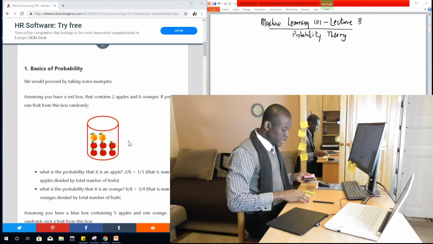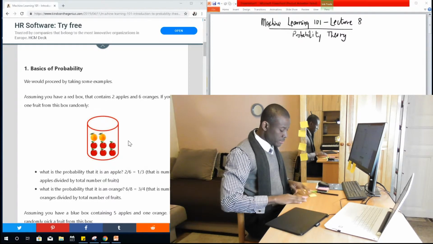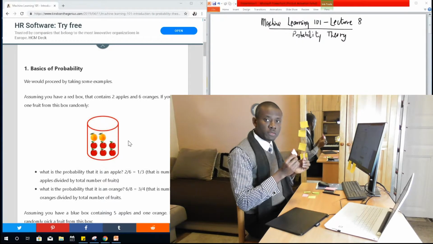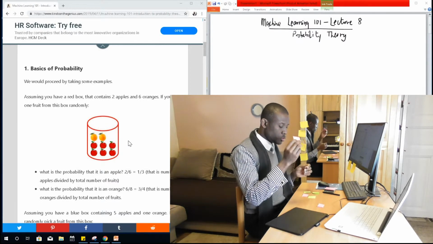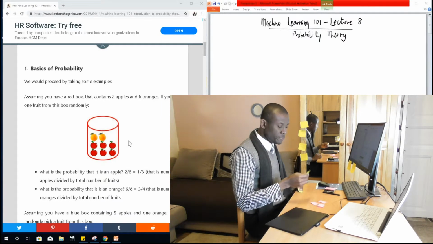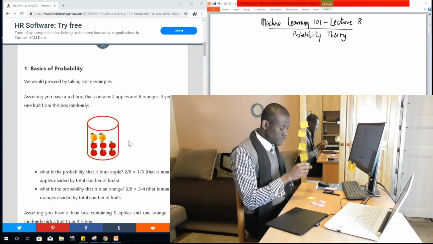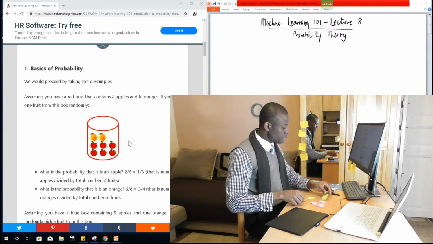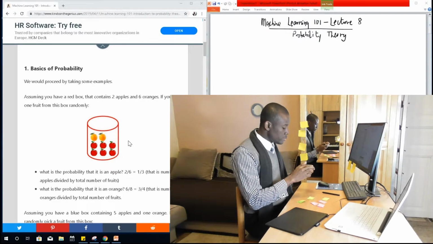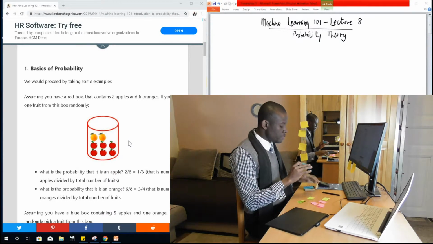So let's assume that we have pieces of papers of different colors. We have the pink ones, 1, 2, 3 pink papers, and we have 3 green ones, 1, 2, and 3. So let me also add a blue one so that it will have 3 items there.